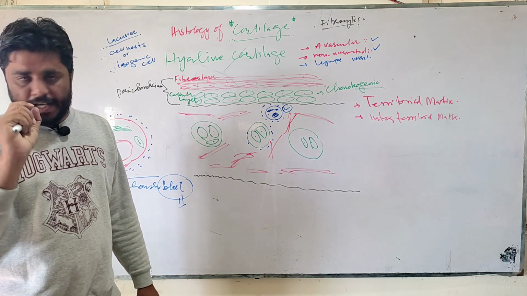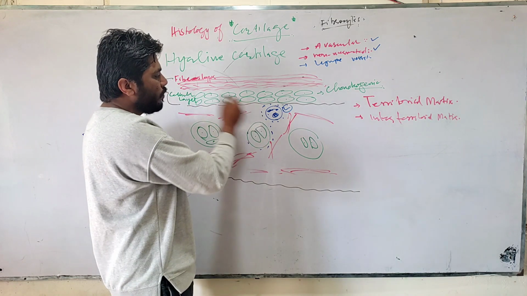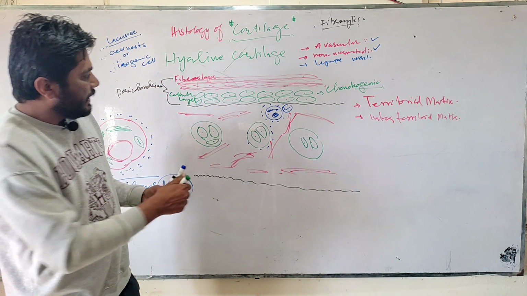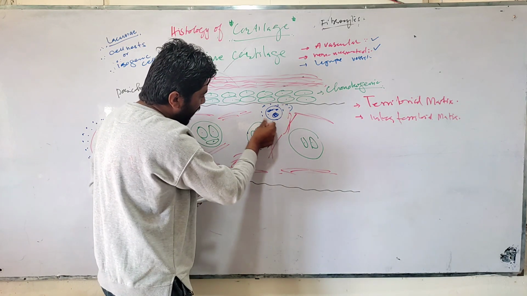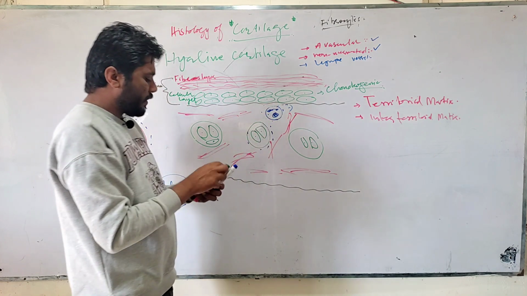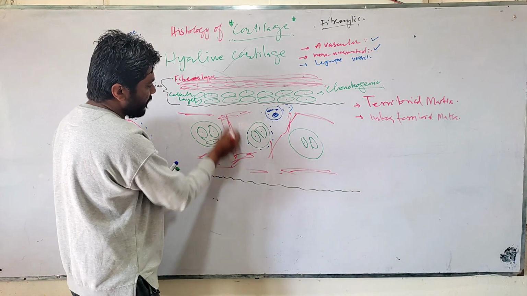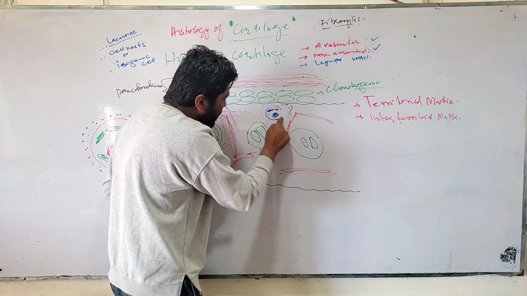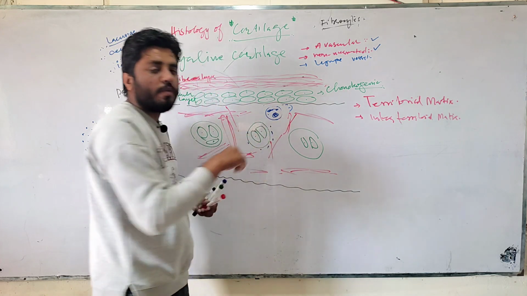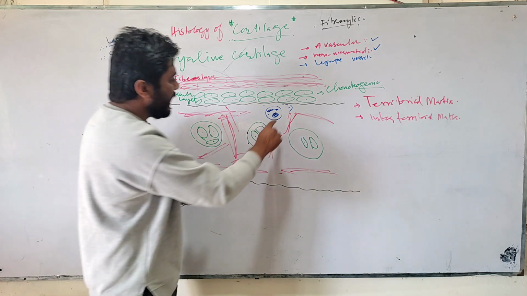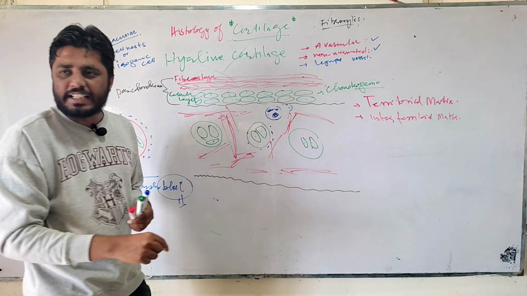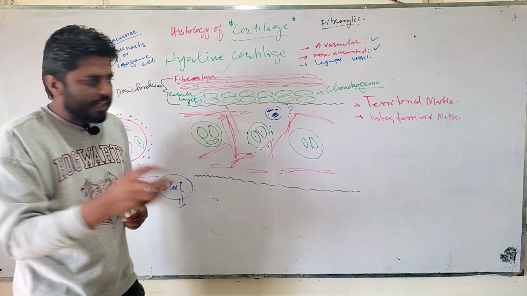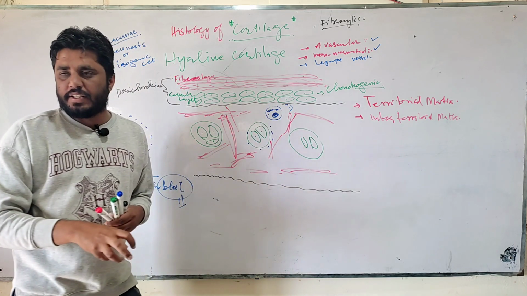Around the chondroblast, there are fibers and matrix, but surrounding the cell you will find a white area. It looks like there is an empty space around the chondroblast.